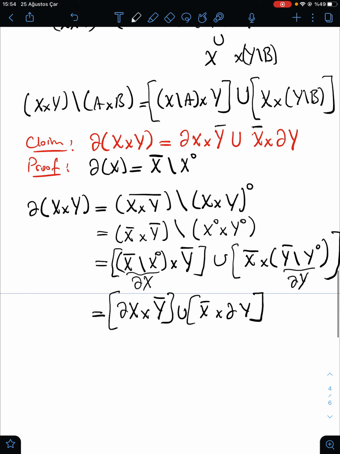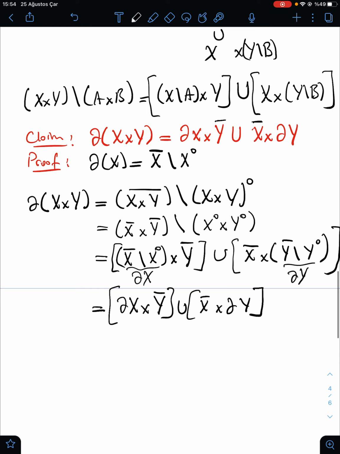Here's the idea. If you have a rectangle, think that there are no points in X, so they are excluded, and there are no points in Y. So you cannot say that these are the boundaries.